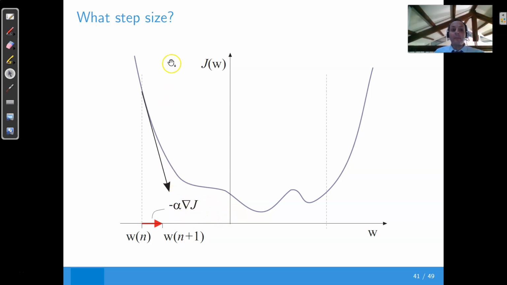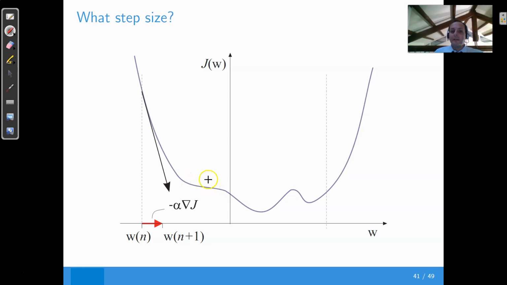So depending on the value of the gradient, the step size used for updating your parameters can also be very small, especially, for example, in this case, when the gradient of your function is very small.